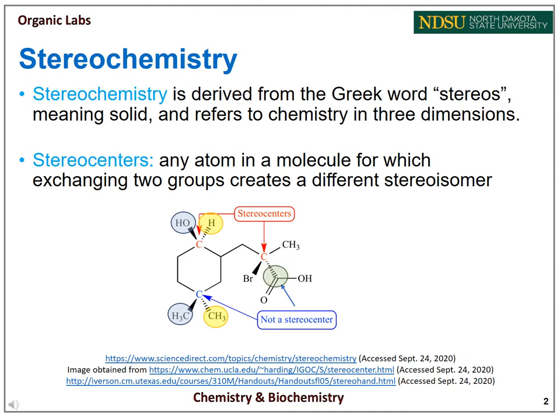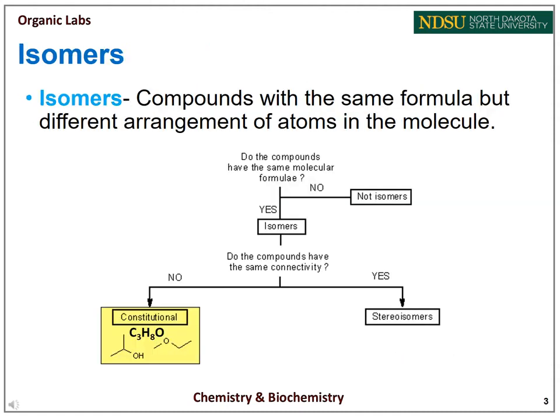Similarly, the carbon of the carboxylic acid is not a stereocenter due to only 3 substituents attached, as carbon stereocenters must be bonded to 4 different atoms and be sp3 hybridized. So, as promised, let's look at what isomers actually are.